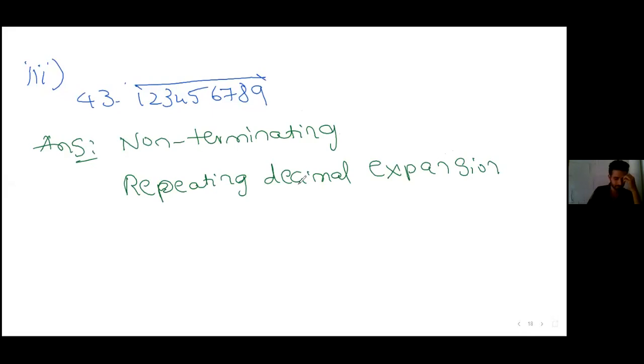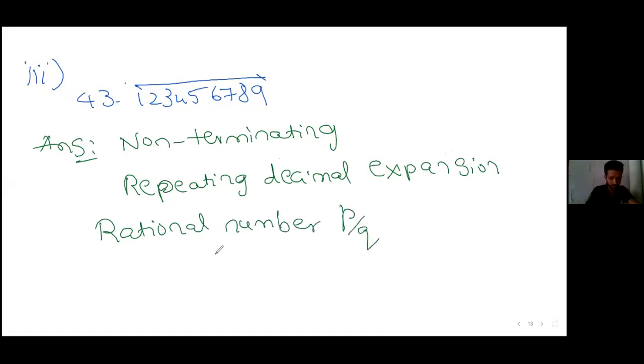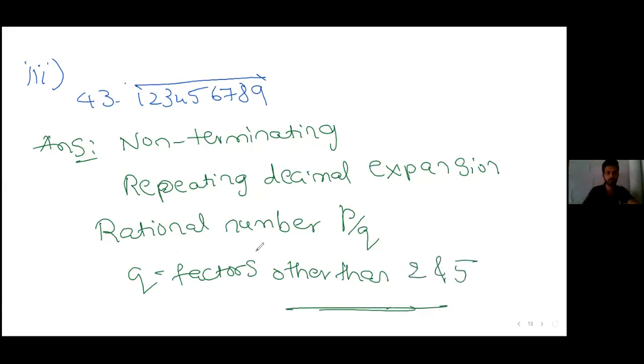It is a rational number of the form p by q, where q is having factors other than 2 and 5. So this is our comment on this decimal expansion. So here ends the complete chapter about real numbers.